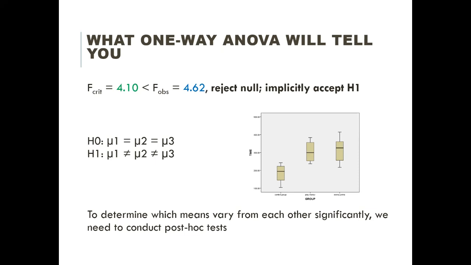So what we've done is we've shown that there's a likely chance that our three different sample means are coming from different populations. So we know that there's a difference somewhere among those different sample means, but we don't yet know which of those means differ from one another.